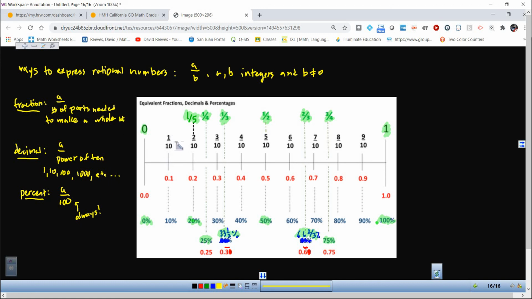So 1/10 means I need 10 parts to make a whole. 1/5 means I need 5 parts to make a whole. 1/3 means I need 3 parts to make a whole. And the bigger that number on the bottom, the bigger the value of the fraction. Backwards. All right. The bigger the number on the bottom, the smaller the value of that fraction. Because if it takes 10 parts to make a whole, those parts are going to be small, right?